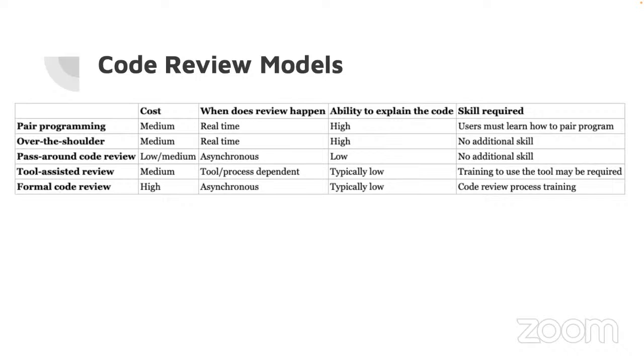There's pass around code review, manual peer review done by sending completed code for reviewers to check for issues. This is where documentation will be more important. And then there's the tool assisted that relies on formal or informal software-based tools to conduct the code review.